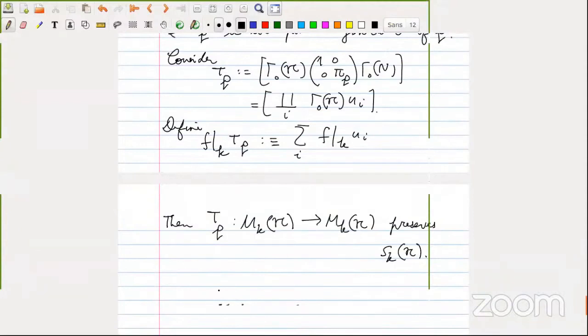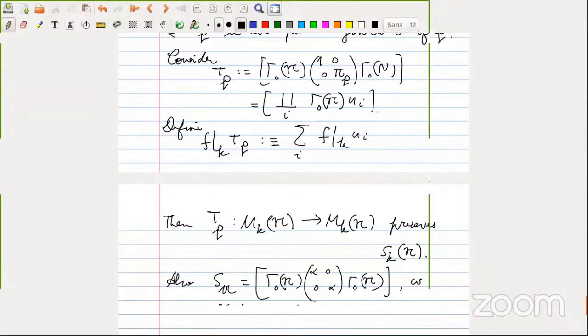Maybe one more operator: one can also look at S_A for an ideal A, and again this is going to look like gamma naught of n times the matrix (alpha 0; 0 alpha) times gamma naught of n, where alpha equals the product over all primes q of pi q to the power of the q-adic valuation of A. So it's a bit more involved.